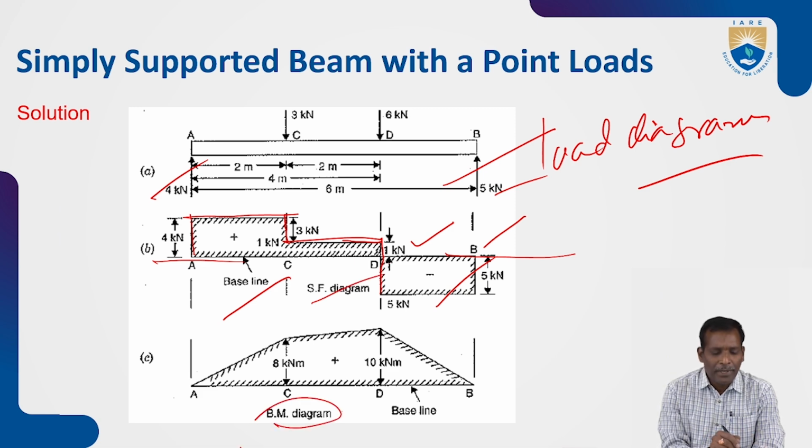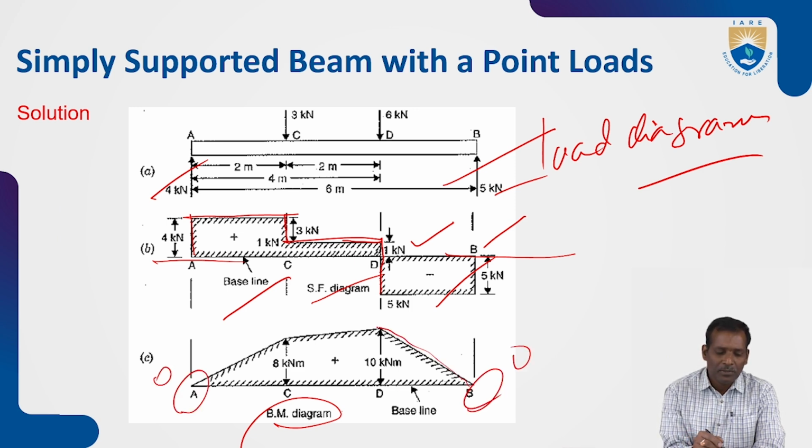Similarly, bending moment diagram. So, at C, at B and A, 0 bending moment. Here too, there is no bending moment but B, and here it follows inclined straight line, and then here 10 kilonewton meter acting at D.